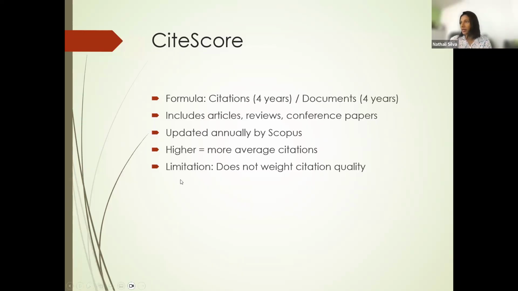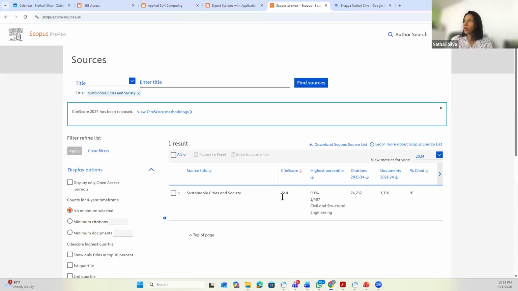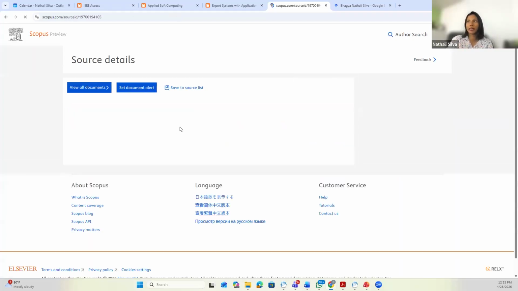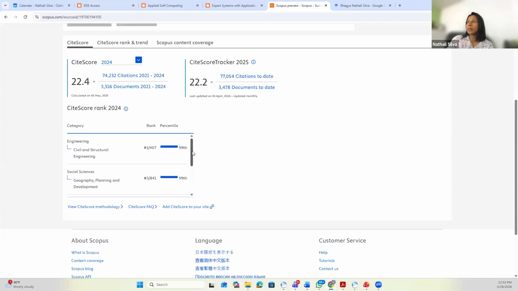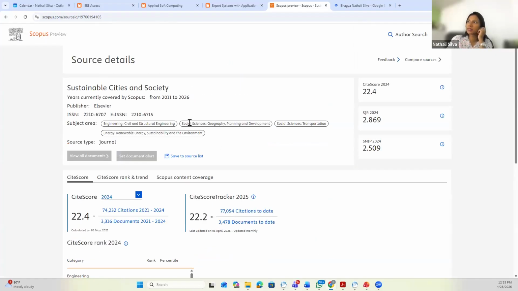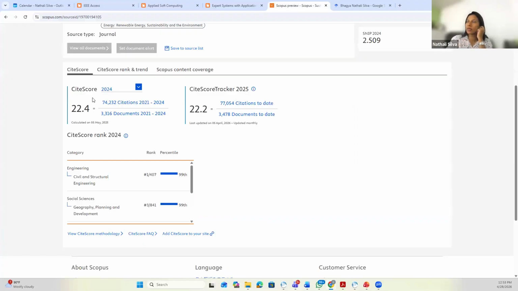Now, one other thing is that this CiteScore normally comes under a particular area. If you take this journal, Sustainable Cities and Society, it indicates for 2024 how many citations there are and how many documents there were.